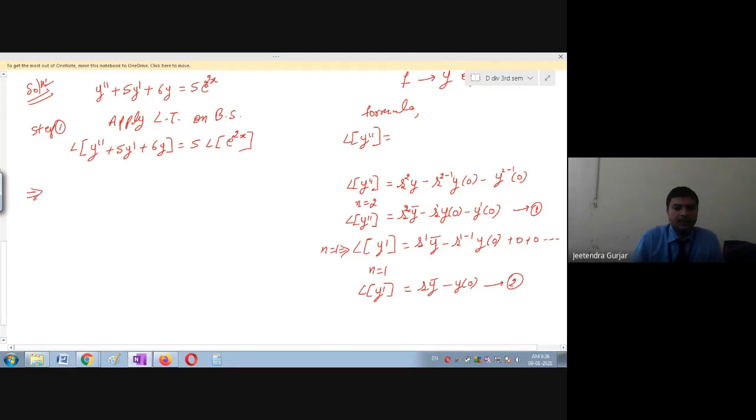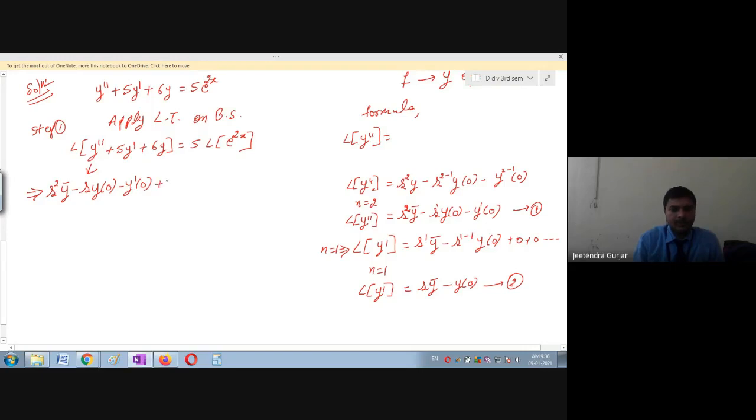So we'll now simplify this. That implies, we'll just simplify first Laplace transform of y double dash. So it is s square y dash minus s y of 0 minus y dash of 0. So this is over.